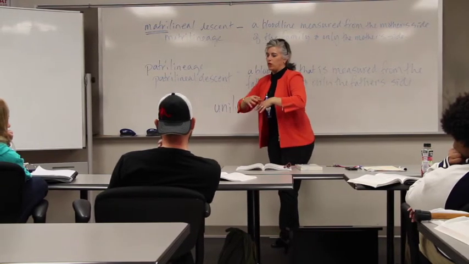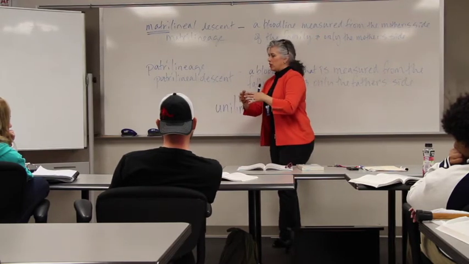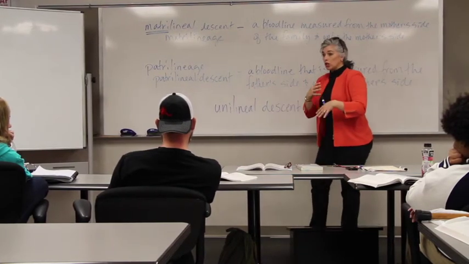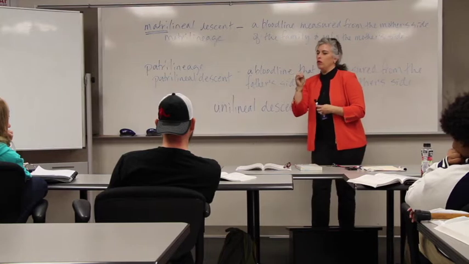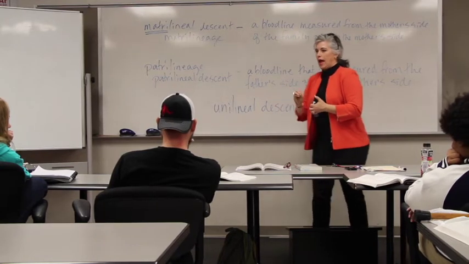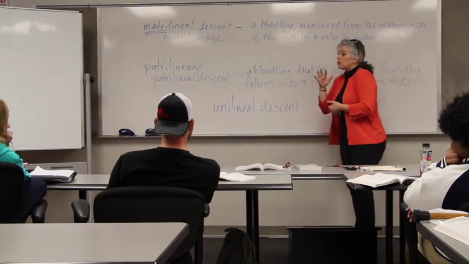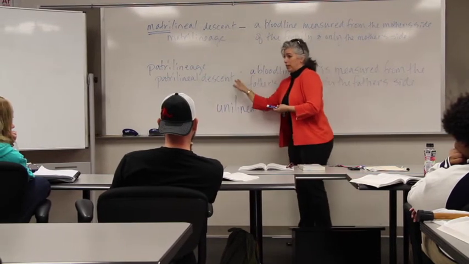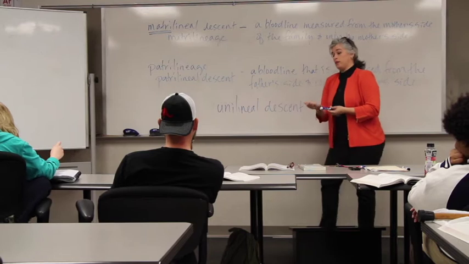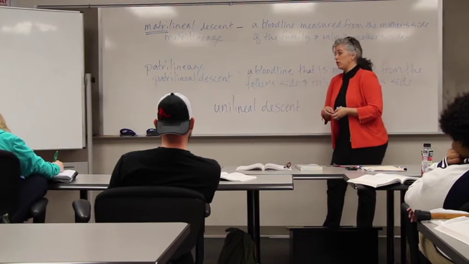So as population grows, there is a way to measure whose people are your people. And this is how we measure. In the majority of the world, patrilineage is how bloodline is measured.